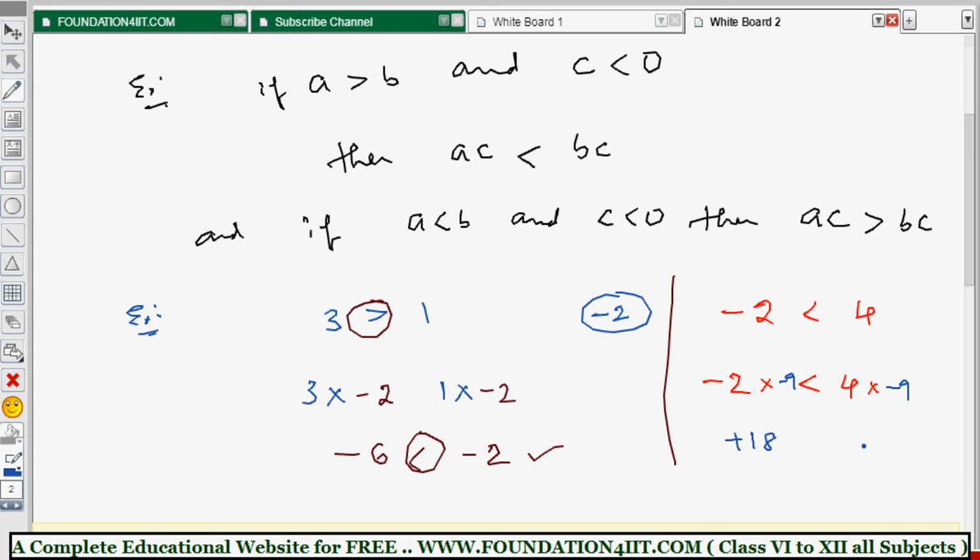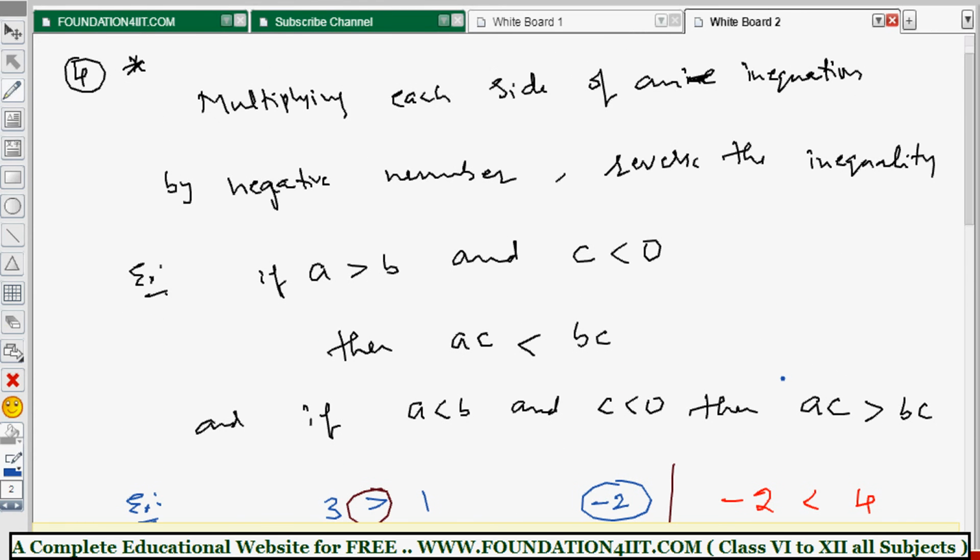And 4 times minus 9 is minus 36. So obviously 18 is greater than minus 36. Okay, this is an important rule. If you multiply each side of the inequality by a negative number, then you should reverse the inequality. First, adding, subtracting and multiplying with positive numbers, there is no change. But multiplying each side of the inequality with a negative number, then you need to reverse the inequality.